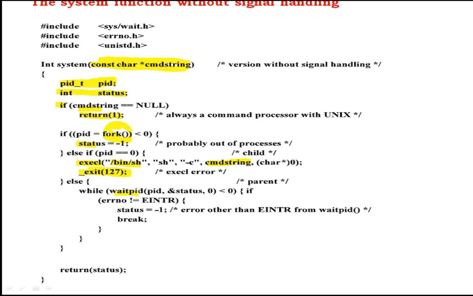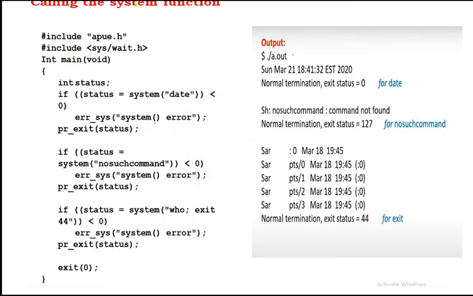And at the end you are going to call the waitpid function. So by using the fork, exec and waitpid functions, you are going to implement the system function, which is used to execute Unix commands in other languages like C and C++. Here we will see another example.